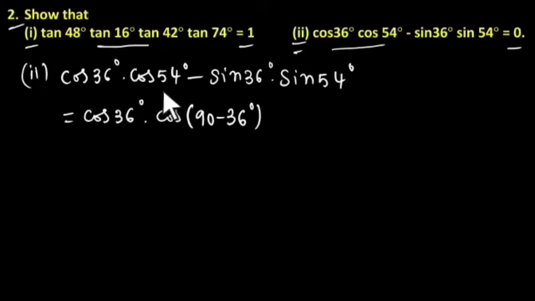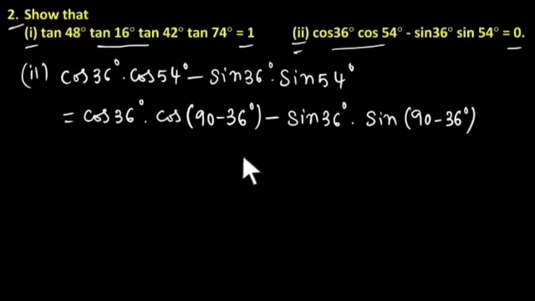So we can write cos 54 as cos of 90 minus 36 minus sin 36 into here sin of 54 degrees. So we are going to write it as sin of 90 minus 36. So same logic applies here. 54 is 90 minus 36.